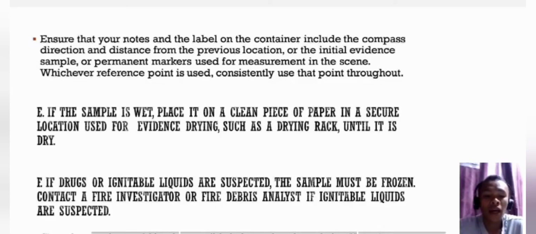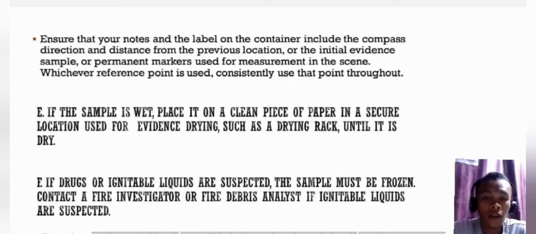Before we package the evidence, in order to protect it and to avoid contamination and linkage, we need to dry the evidence in the secure location and wait until it's dry before we package.